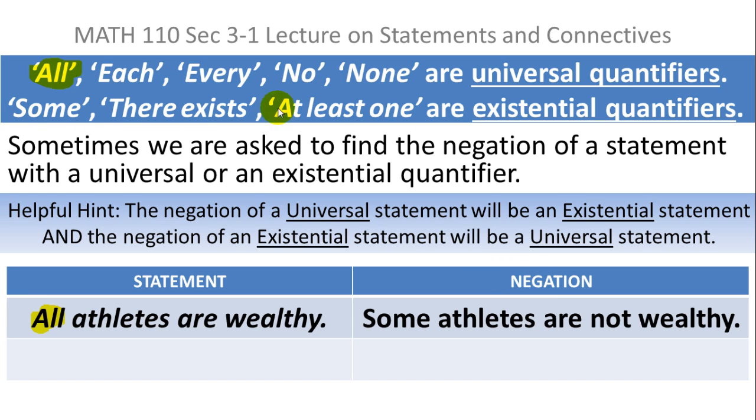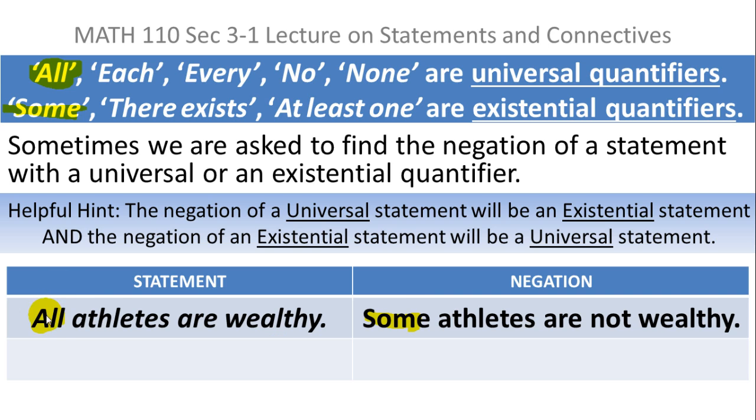So you're going to pick something from the second line, and I've got some here. And the other thing you've got to think about is what really negates it. If the original statement is claiming that all athletes are wealthy, if I want to negate that, I have to come up with at least one person who is not, that's an athlete who's not wealthy.